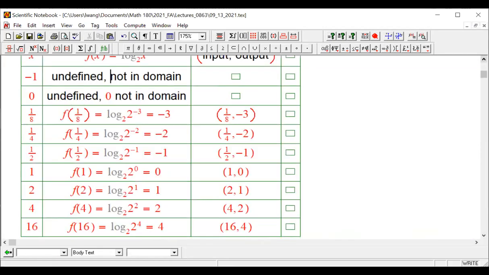The answer is yes, because for every positive number, we can find exactly one output. So now I want you to read the definition of function one more time for me. That definition applies to this new rule. That's the power of definition.